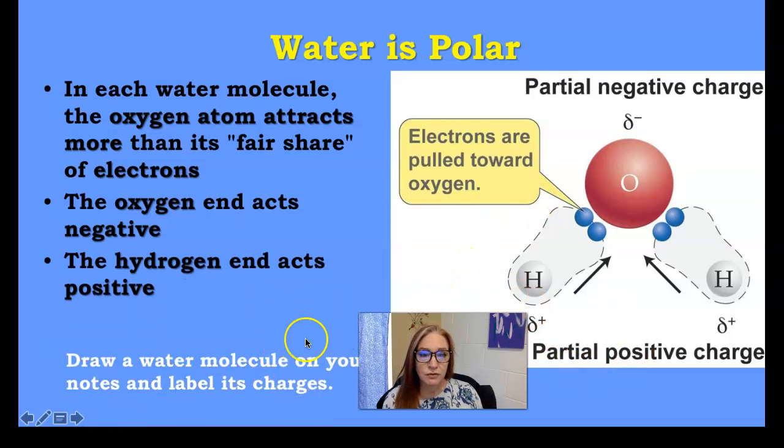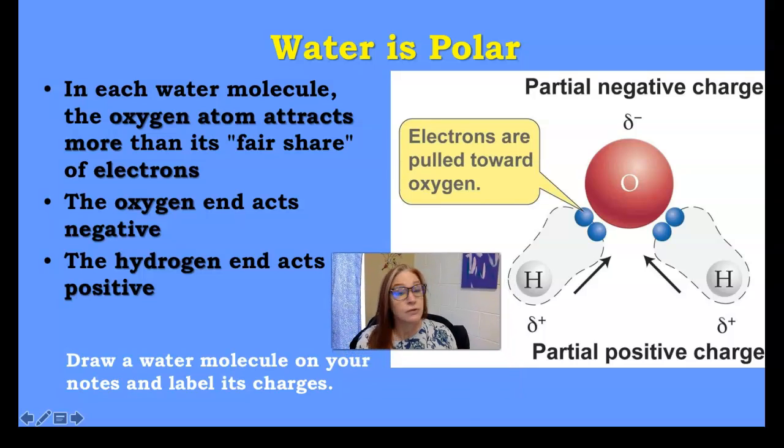You should draw a water molecule. If you're taking your notes digitally, find a water molecule and insert it in your notes, but make sure that you can recognize there are two positive hydrogens at one end of each water molecule and one big electron-hogging oxygen that is negative at the other end.